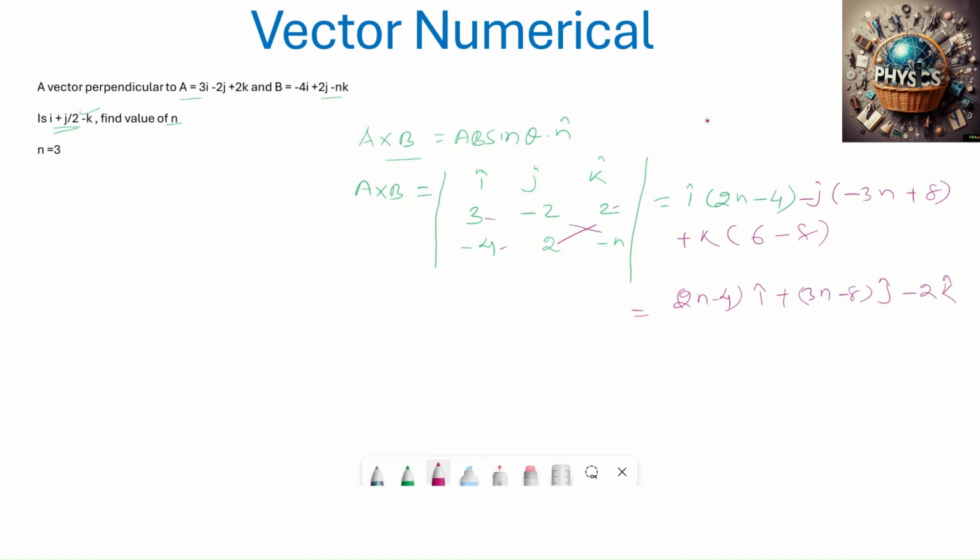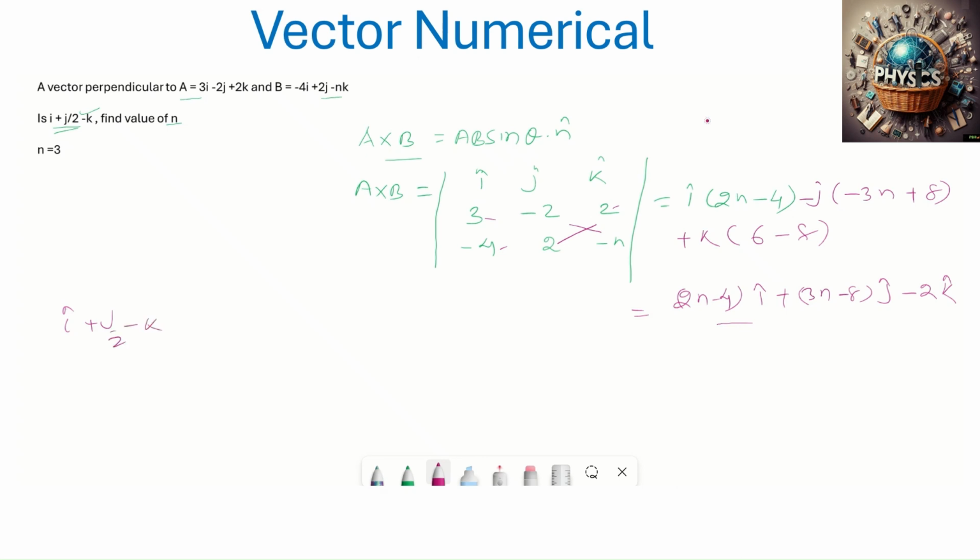Now this is basically the vector which will be perpendicular to the plane containing A and B. What does it signify? It signifies a vector whose magnitude can be a multiple of this particular vector. I have the given vector already, which is perpendicular to the plane containing both of these, i plus j by 2 minus k. So let us correlate this.